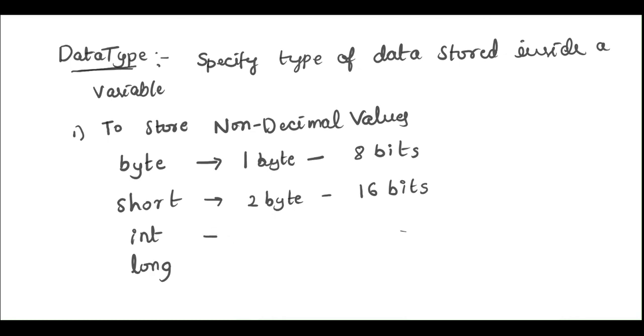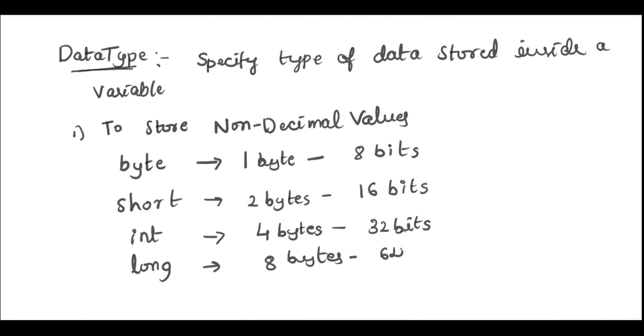And the int data type is 4 bytes, 32 bits. And the long data type is 8 bytes. It is 64 bits. So these are the data types used to store non-decimal values.